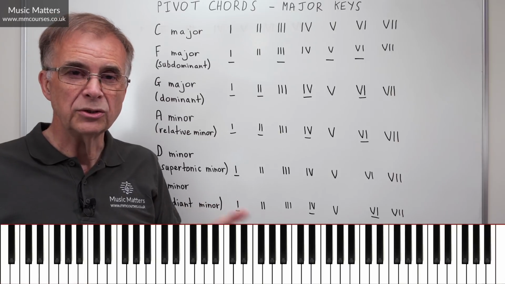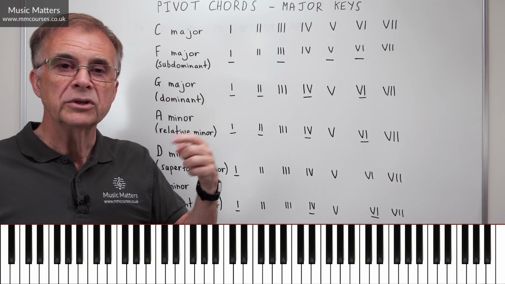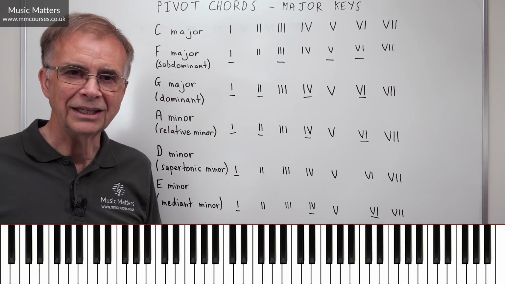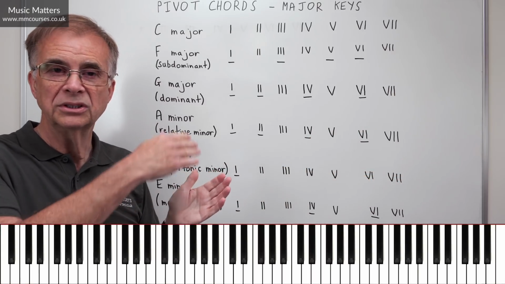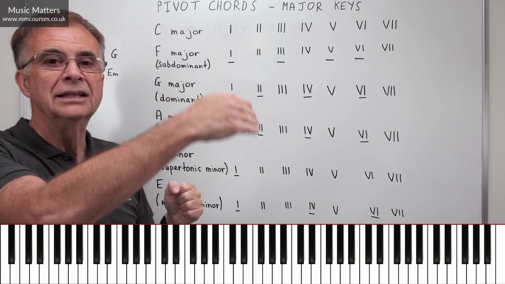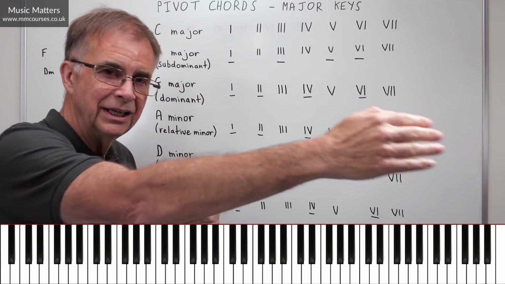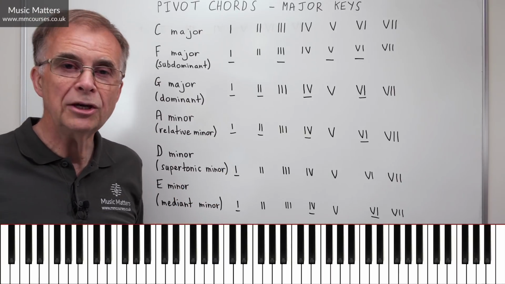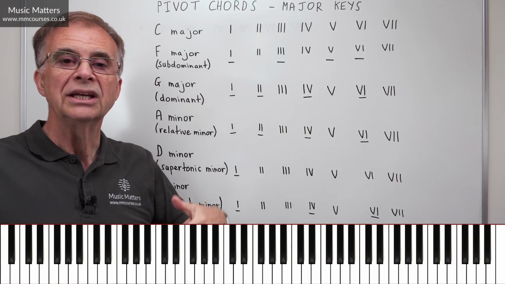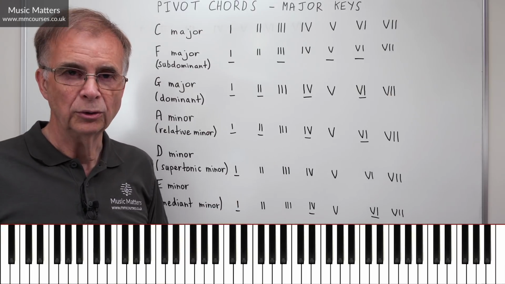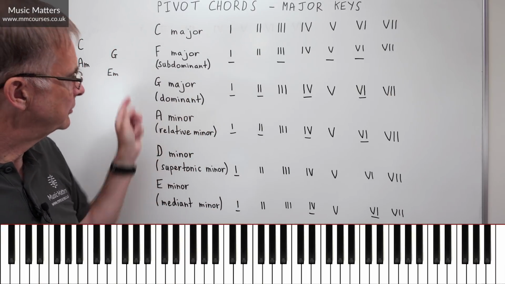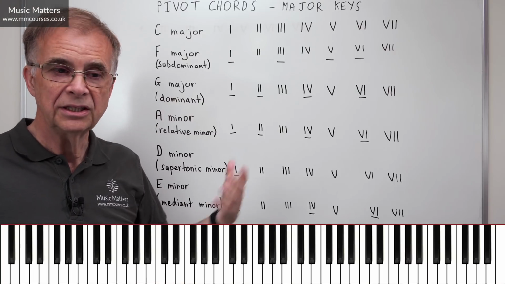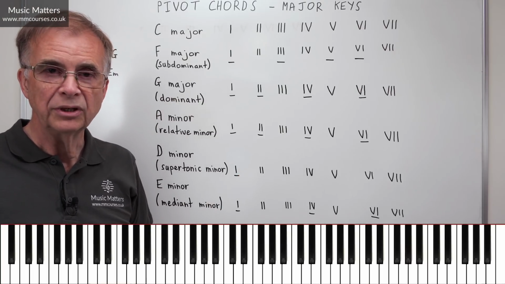There are other ways you can do it, or you might want to travel through other keys on the way to one of those more extreme keys, finding a pivot chord from this key to that key, then another pivot chord from that key to another key, until you get where you want to go. So you might need to stage a series of modulations using a series of pivot chords. But you'll always find pivot chords that are going to take you to closely related keys, these immediately neighbouring keys.